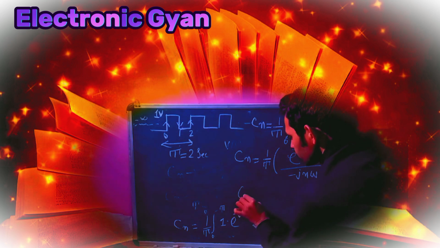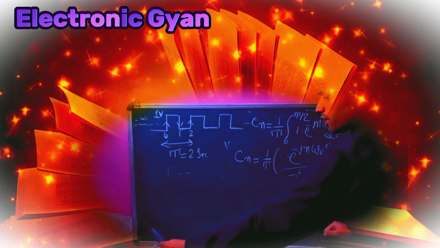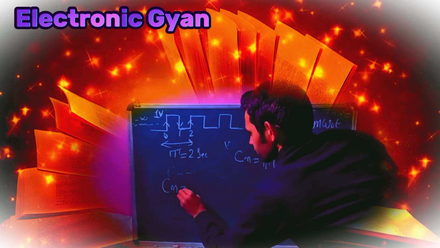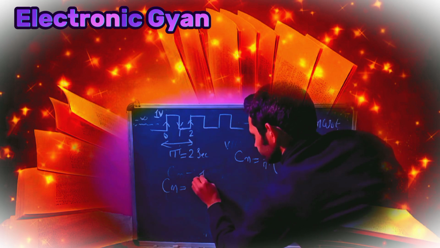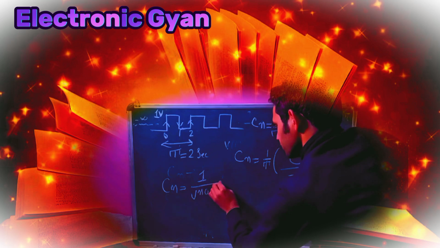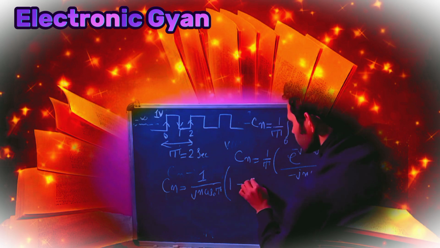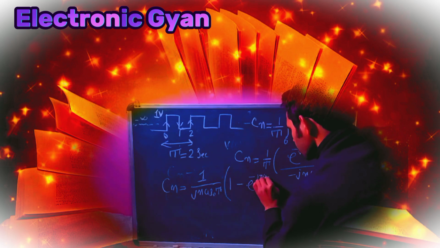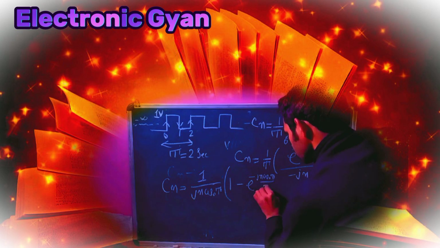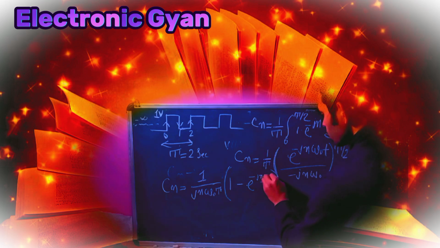Then Cn is equal to, taking this outside, 1 by jn omega naught T, and inside the bracket putting the upper and lower limits we get 1 minus e to the power minus jn omega naught T by 2.